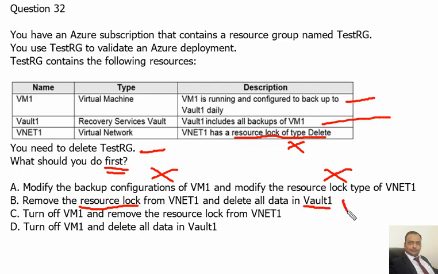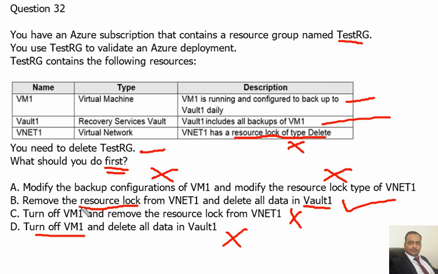That looks promising, and it is the correct answer, because if we have any data in Vault 1 or any resource lock on any item in test rg, it is not going to allow deleting the test rg. Turn off virtual machine 1 and remove the resource lock. That is also not needed, because turning off or turning on is not needed here. Delete all data, but turn off is not required, so that is not correct.